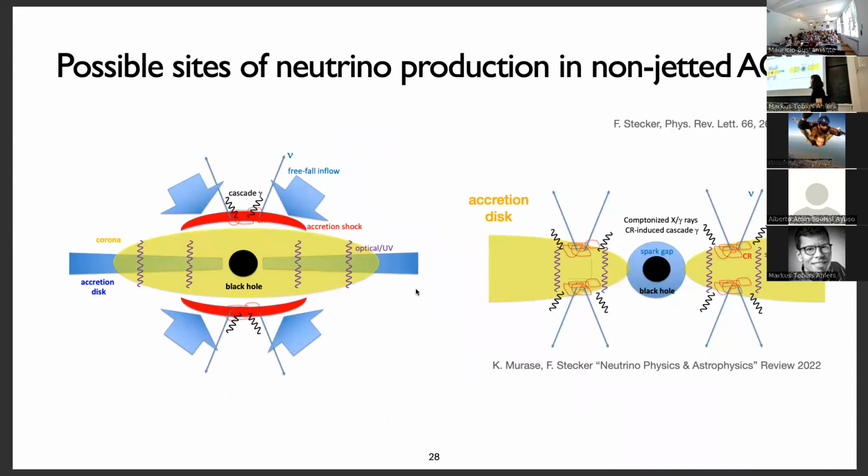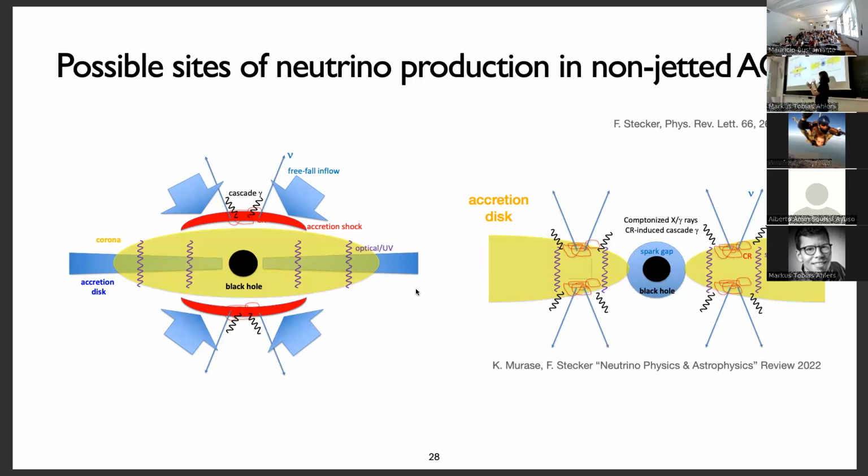So here the models are, I would say, not as standard, but the most accepted scenario is that as we have infalling matter into the supermassive black hole, and there's pressure coming from all the radiation and particles close to the black hole, we end up with a shock surrounding the accretion disk. So people in the 90s already remarked that there must be neutrinos produced. So we have this standing shock. This is where we accelerate cosmic rays.